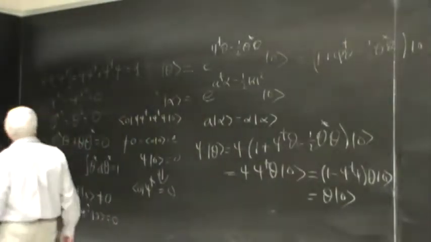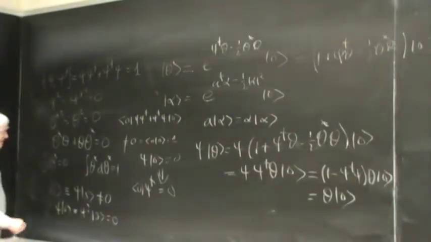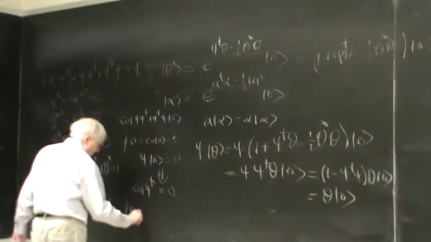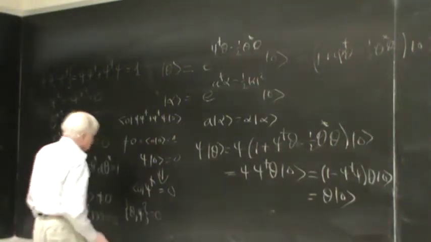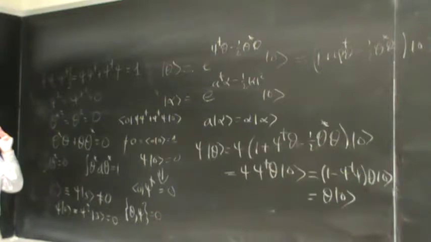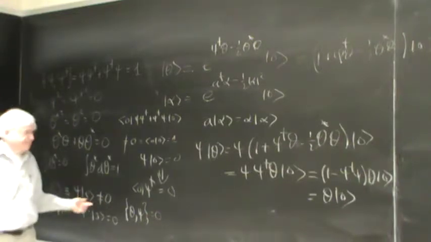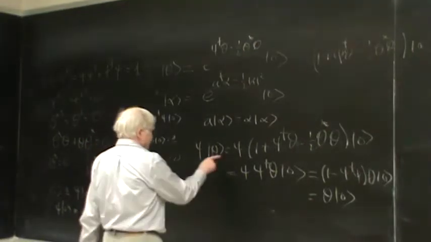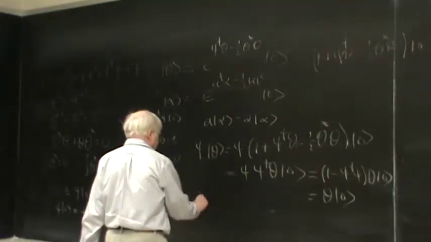By the way, I mentioned all these anti-commutation relations. What I forgot to say is that theta and psi anti-commute. So in other words, the Grassmann variables not only anti-commute with each other, but anti-commute with all fermionic operators. Okay, so that's that. What is theta theta?